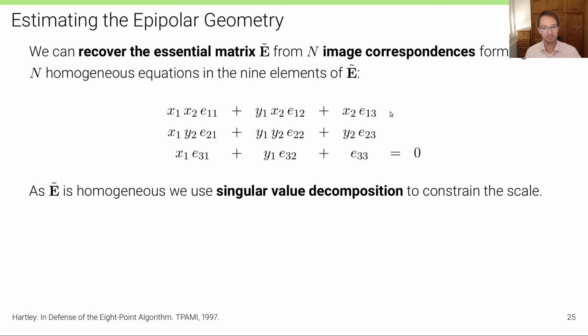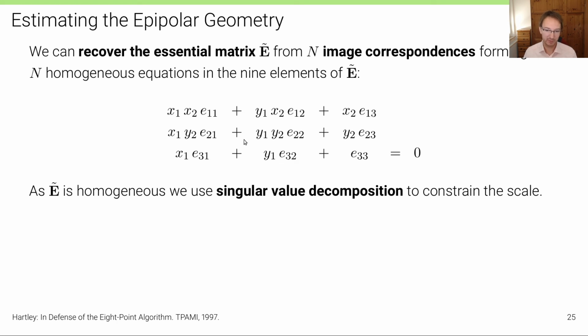If we write this out, we get this equation here for each of the correspondences, and you see that here we have the elements of the left and the right pixel coordinates, x1 and y1, and x2 and y2, and we have the elements. E11 is the first element of that essential matrix. We have one equation now for each image correspondence, and you can see it's linear in terms of the elements of the essential matrix.